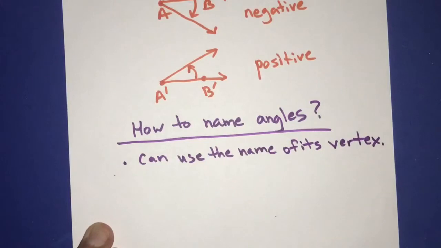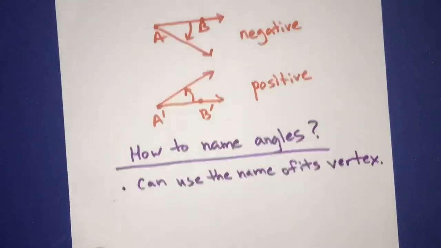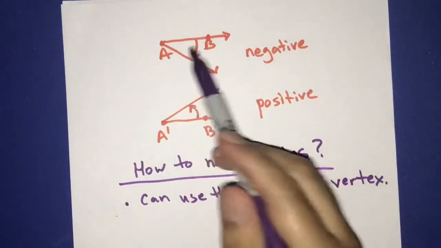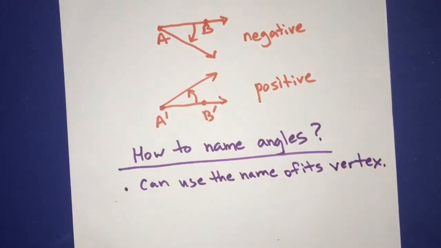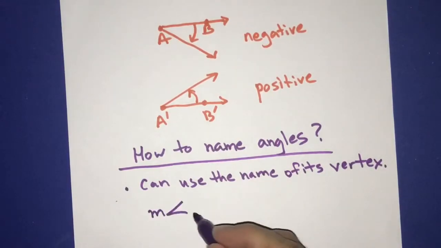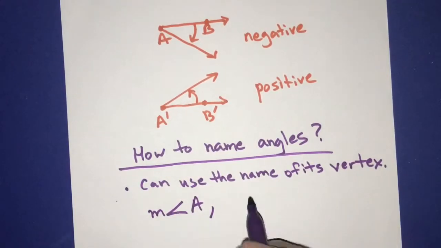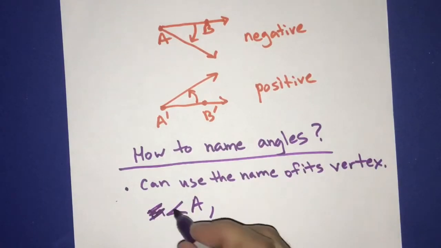So right here, we could name this angle A. We could call that the measure of angle A, or just, since we're not talking about the measure, we could just put angle A.